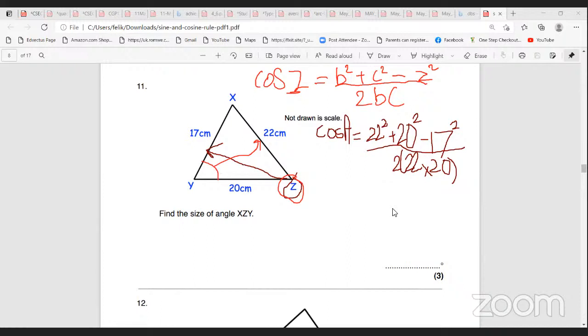We have 22 square plus 20 square. What did you get for those two? So you can put in your calculator 22 square plus 20 square minus 17 square. Miss, 595.